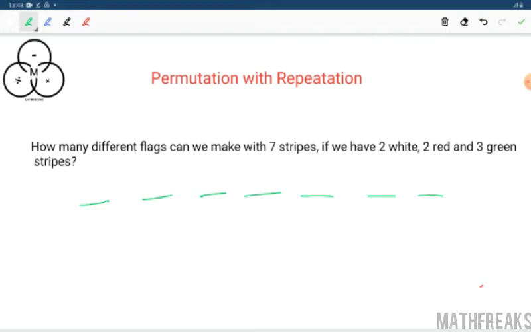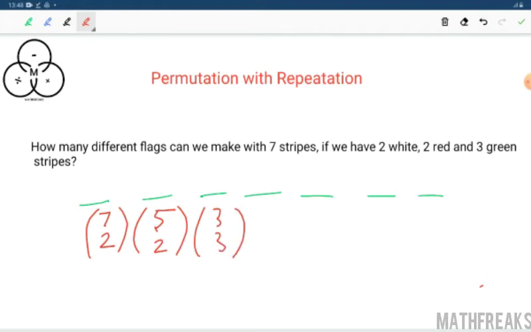First, let me think where I will put the white strips. I can choose any of the positions, because 7 places are left: 7 choose 2. Now 2 positions have been captured by the white strips. For the red strips, we are left with 5 positions: 5 choose 2. And for the green strips, we are left with 3 positions.